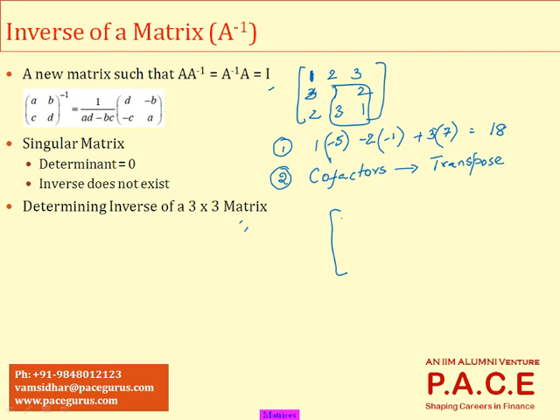1 minus 6 minus 5. Write it here. Similarly, for the second, remove the row, remove the column. So it becomes a small matrix, 3, 2, 2, 1. Find the determinant of this. 3 minus 4, minus 1.